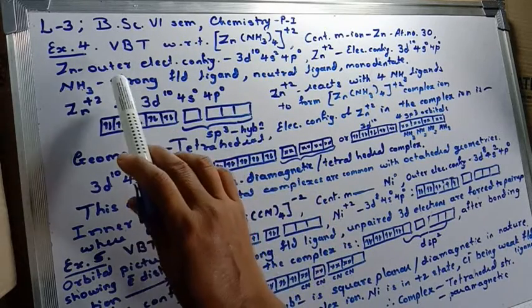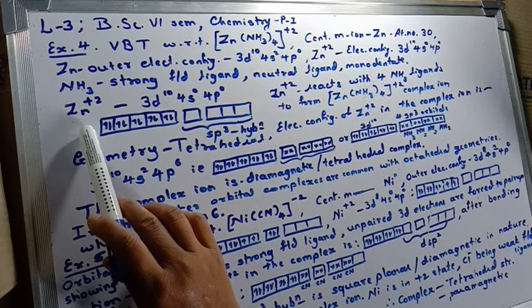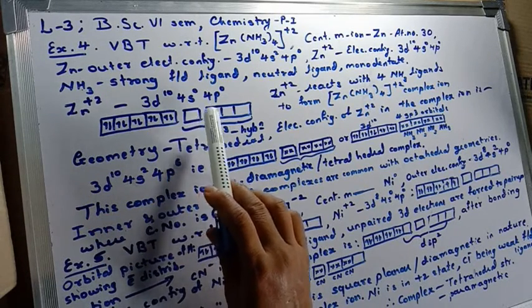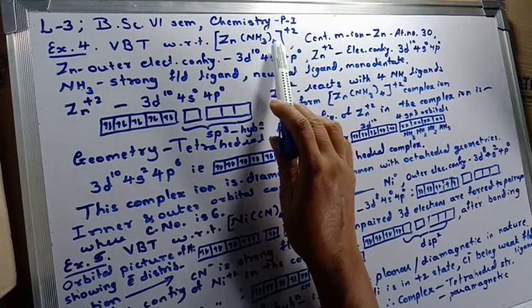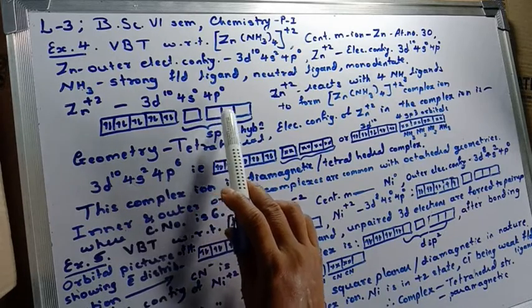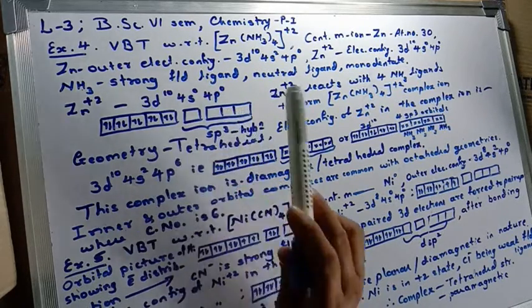According to the first postulate of valence bond theory, the central metal ion keeps ready a definite number of atomic orbitals empty. Here the approaching ligands are 4 in number, therefore the metal ion makes 4 atomic orbitals empty, one 4s and three 4p orbitals.